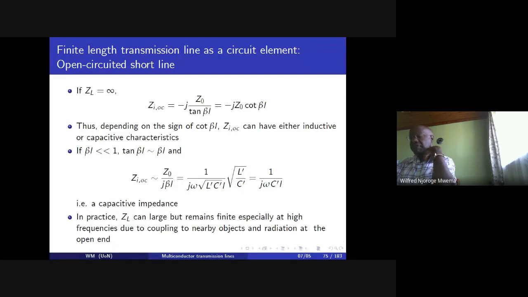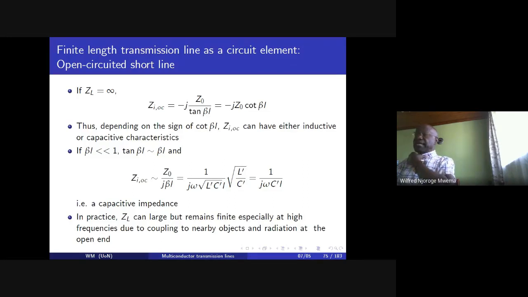Therefore, in practice, we can only have a very high open circuit impedance, but it will not be infinite because of those stray capacitances.